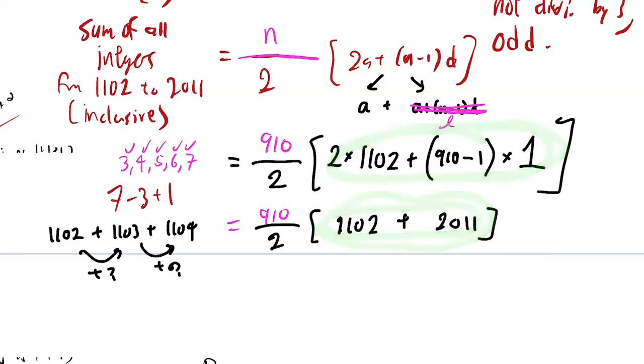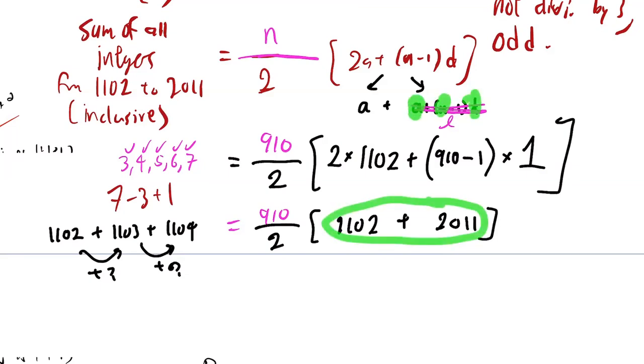And what is the advantage of knowing A plus L? It's simpler, faster, and what do we not have to find? We avoided the difference. As well as? We avoided 3 things. And we just literally copy and paste 2011.